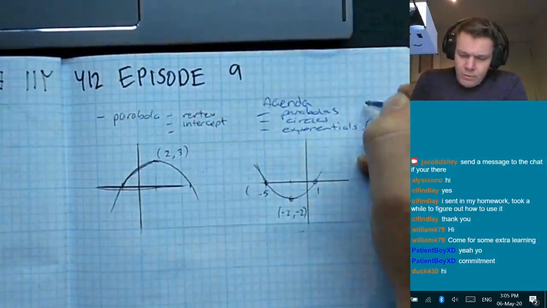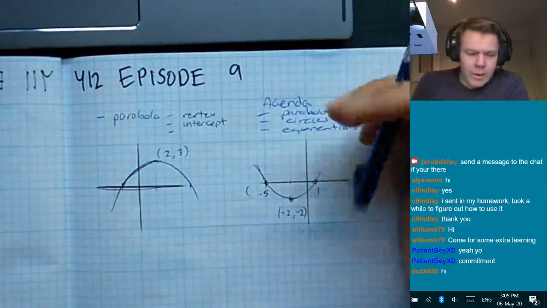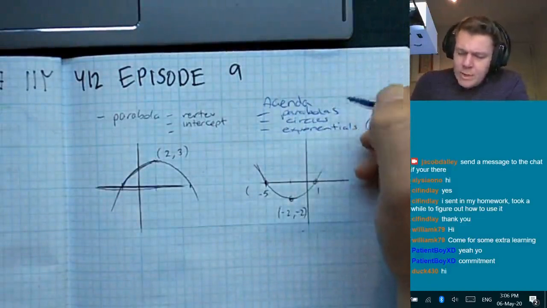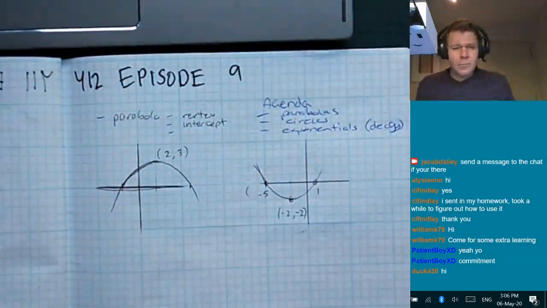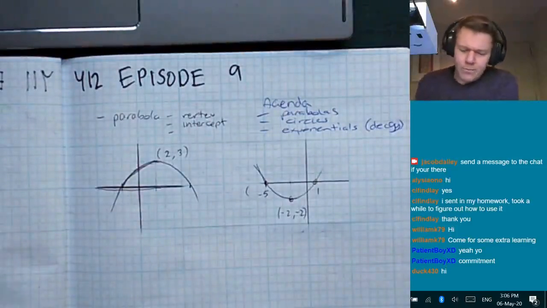Today we are going to basically just revise a few of the skills we've already learned over the past few weeks, but I'm going to try and do some harder examples. Alright, so parabolas.